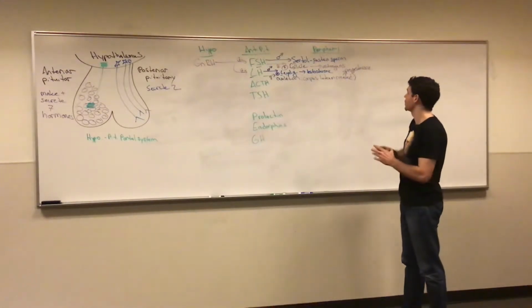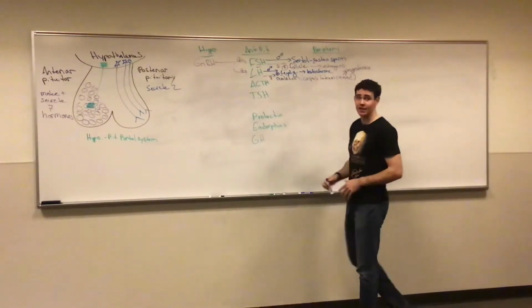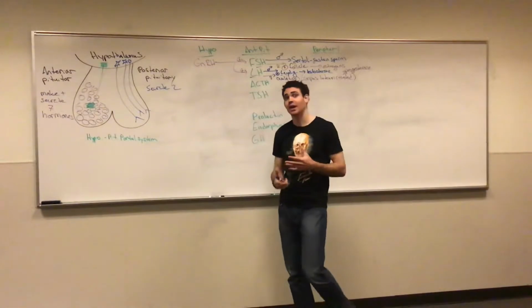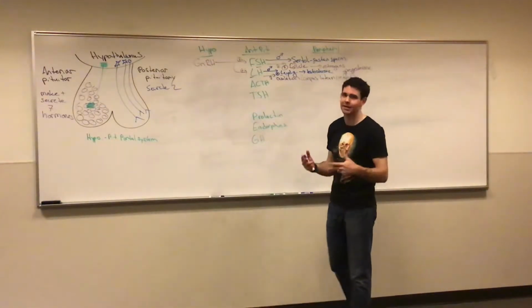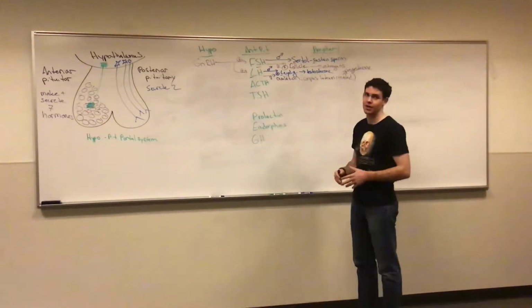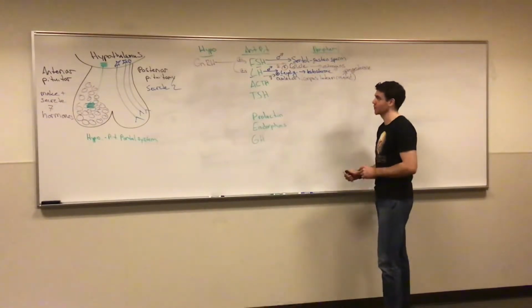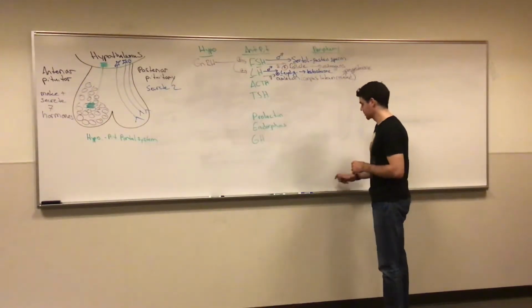So progesterone increases after ovulation, like day 15, 16 of the menstrual cycle, if you're going by the classic menstrual cycle where ovulation always happens on day 14, which is of course not the case.